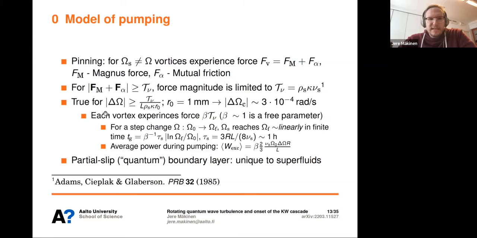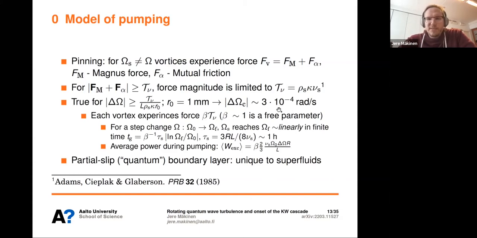Now, we estimate that in the low temperature limit, this is true for, let's say, a 1 millimeter radius, when the difference between the rotation velocity of the container and that of the superfluid is something like 3 × 10⁻⁴ radians per second. The typical amplitudes we use for excitation are like 10⁻¹ radian per second.